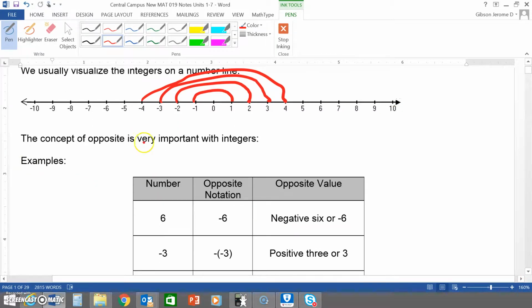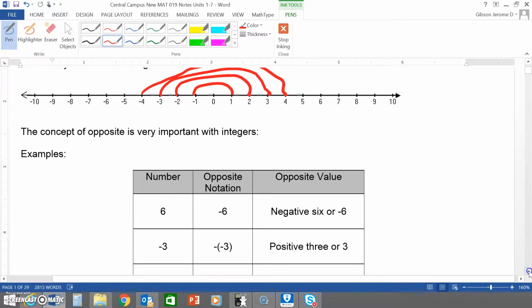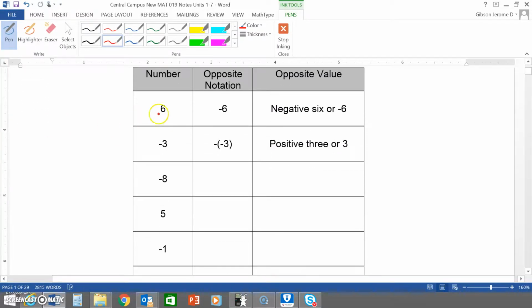So now the concept of opposite is very important with integers. So we have our examples here. We have the number 6, its opposite is -6, and we can write it out in words, the opposite of 6, which is -6. We have -3, and the opposite notation is the opposite of -3, which gives us +3 or 3.